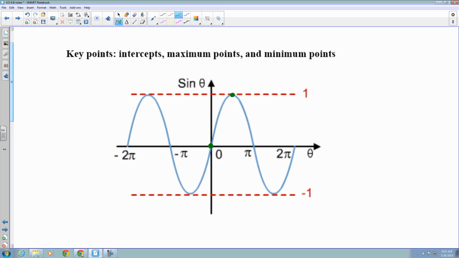So if I point out all the key points, these are what you'll be graphing when you graph any trig function, the 5 key points.